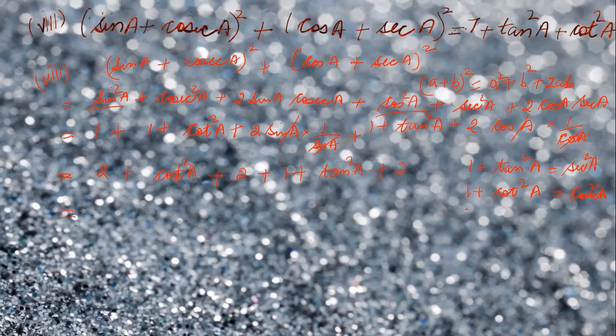So it is 2 plus 2 plus 2 is 6 plus 1 is 7, 7 plus tan square A plus cot square A. So this is your right hand side. So in this way you can solve.